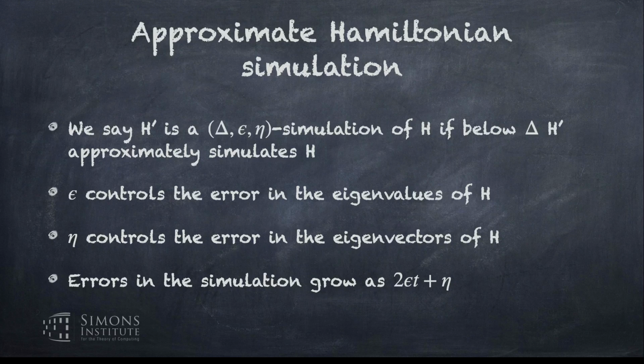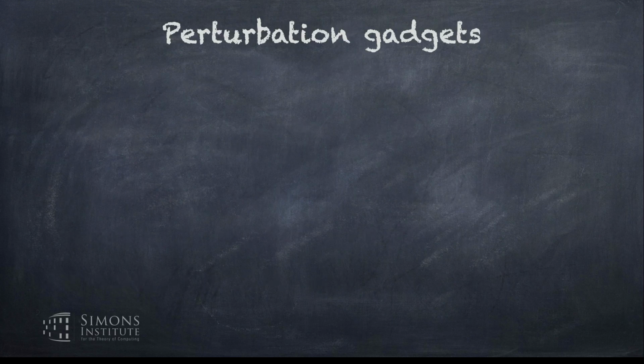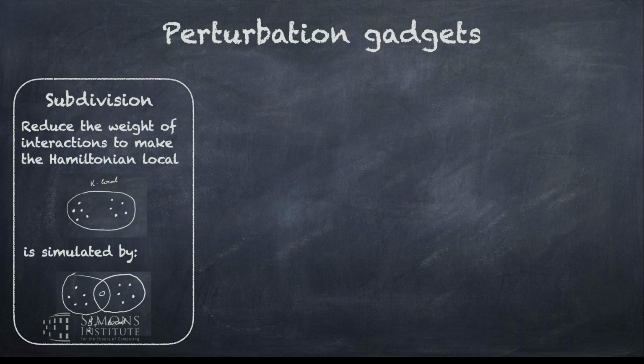Why don't we look at some examples to try and make this a bit more concrete? So in particular, the examples we're going to look at are perturbation gadgets. The idea of perturbation gadgets is that we have some complicated interaction graph. We want to simulate it with a more simple one, and we do that by perturbation theory.